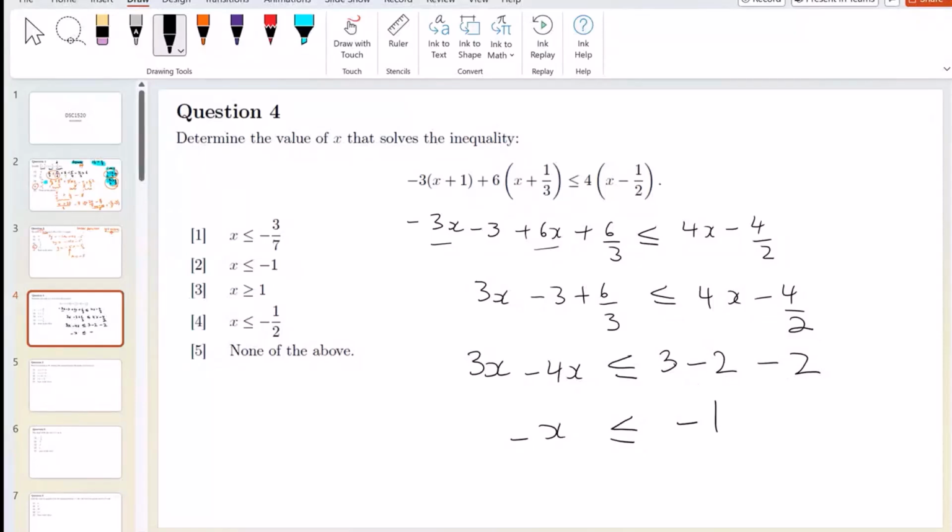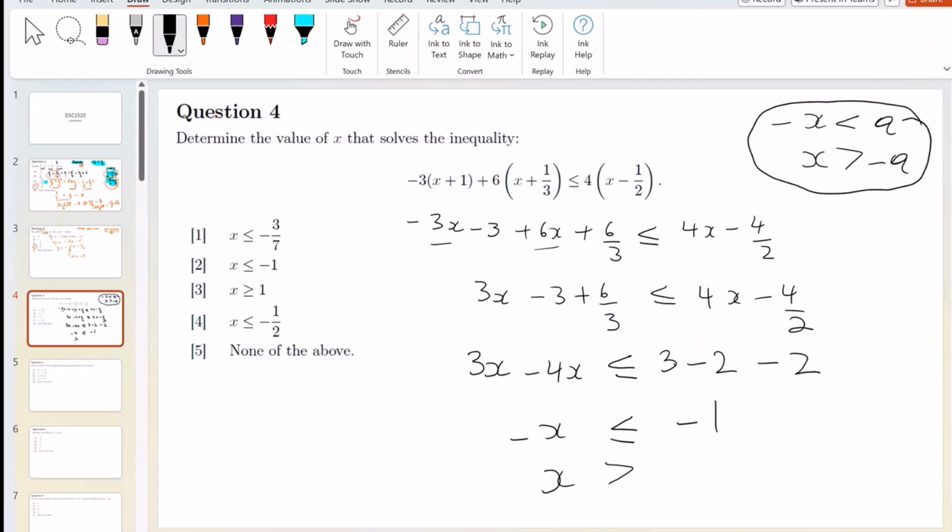which is going to be minus 1. So once you've got this, if you've got negative x less than or equal to a number, when you divide by a negative, your sign needs to change direction, always. So here you are going to divide by a negative number, so you are going to have x is greater than or equal to positive 1.